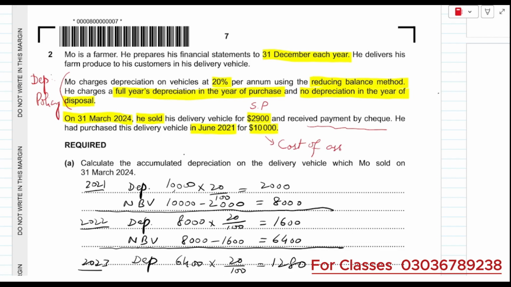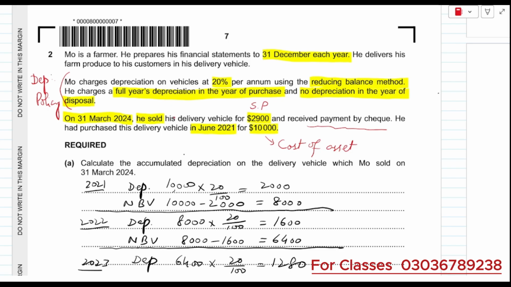What is cost of asset? The price at which we bought that asset in the start is called the cost of the asset, but the price at which we are selling that asset is not cost, it is the selling price of that asset.